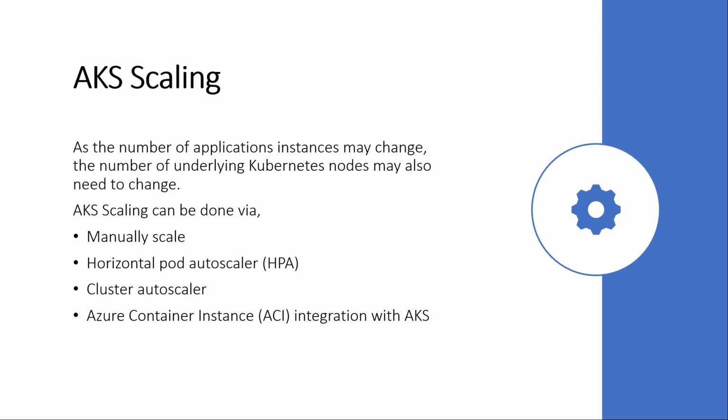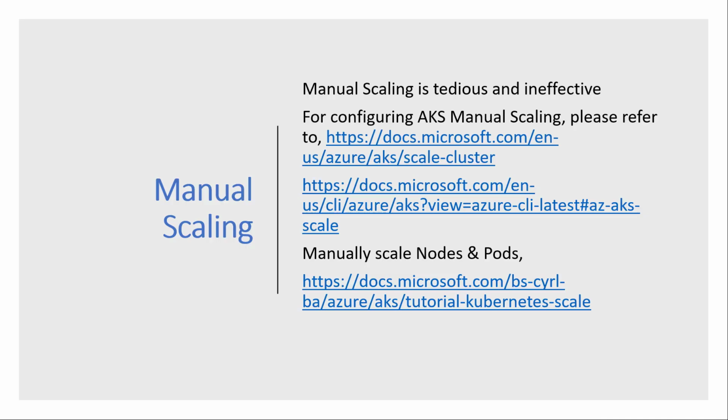Cluster Autoscaler is in Azure preview mode, which may be another tool to bring scaling into your AKS operations. And if you really have a very demanding application, you could also integrate Azure Container Instances with Azure Kubernetes Service. So without wasting any more time, let me get quickly into the scaling options.